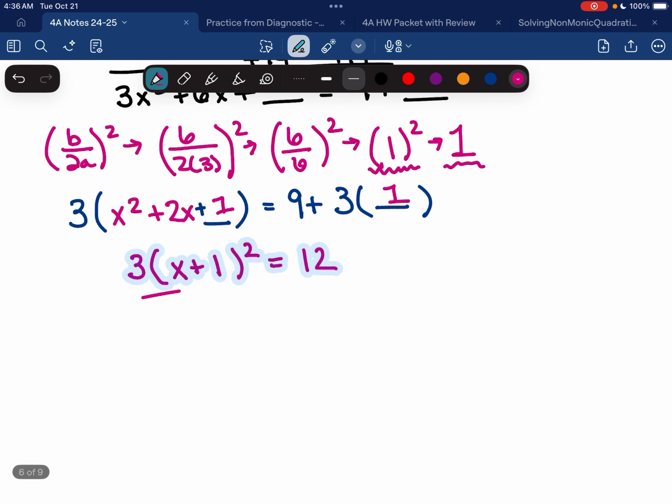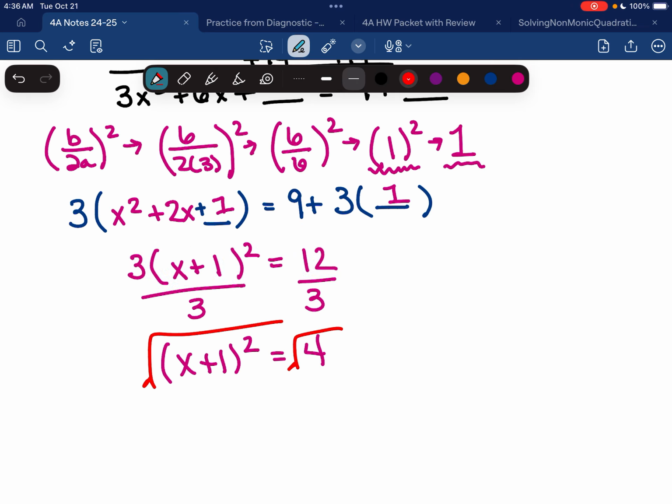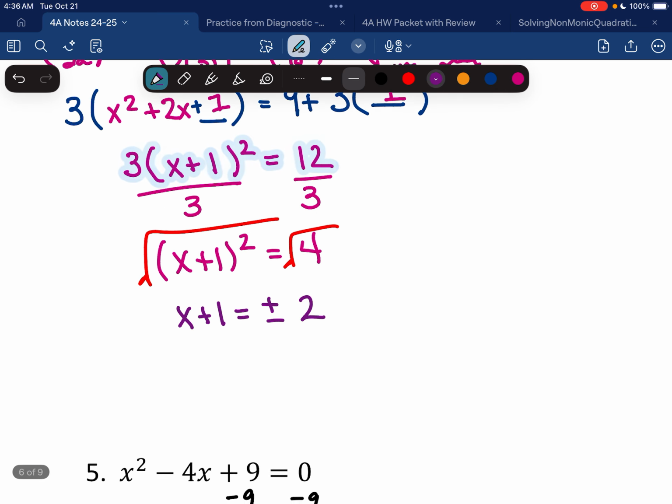We're going to divide both sides by 3. I'm going to get x plus 1 quantity squared equals 4. We're going to take the square root of both sides. x plus 1 equals plus or minus 2. I'm going to subtract 1.